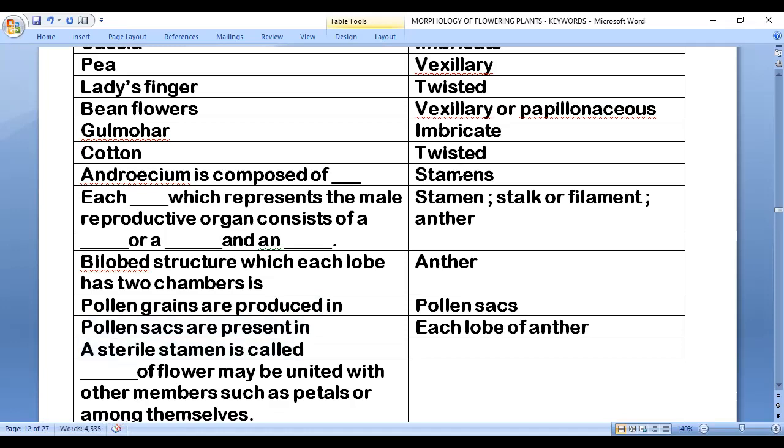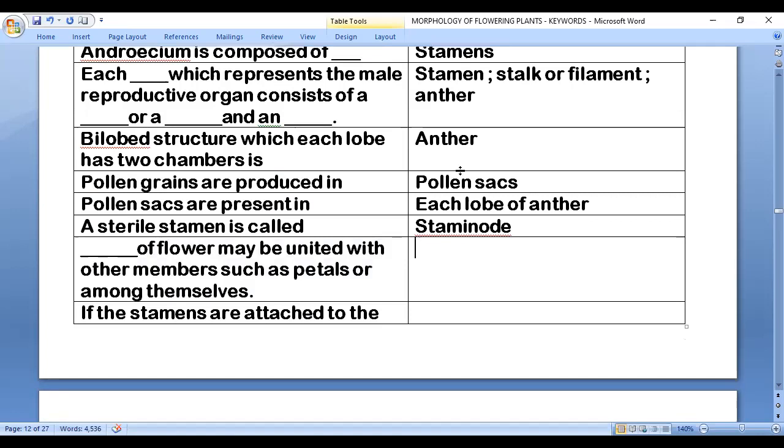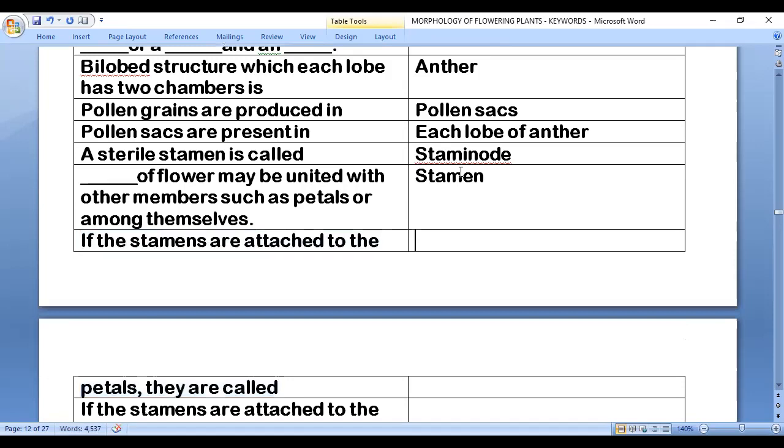A sterile stamen is called staminode. Stamens of a flower may be united with other members such as petals or among themselves. If the stamens are attached to the petals, they are called epipetalous.